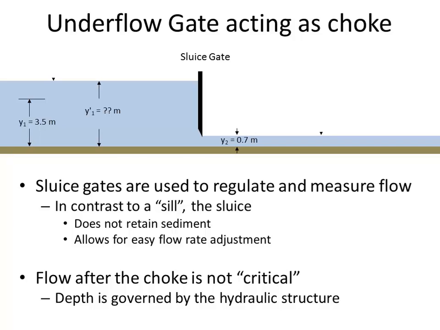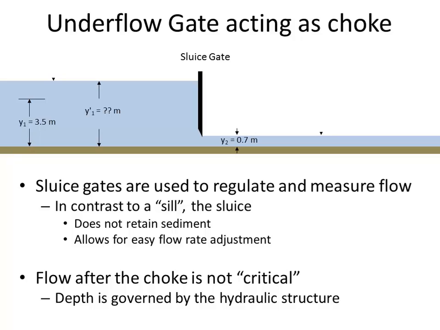Well, no, because the choking increased the depth upstream, but it already was subcritical to begin with. The change is that it's now supercritical downstream, and it's just because of that physical gate structure. The water has to come out at the height of the gate.